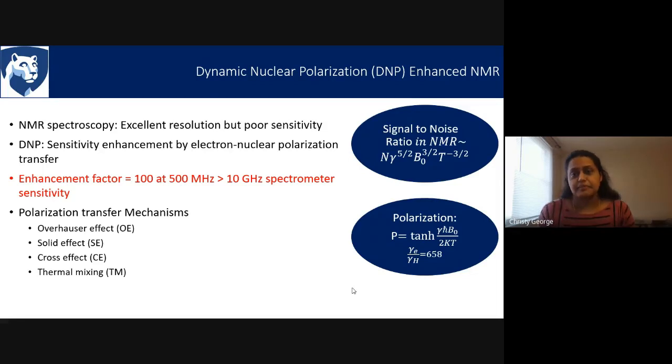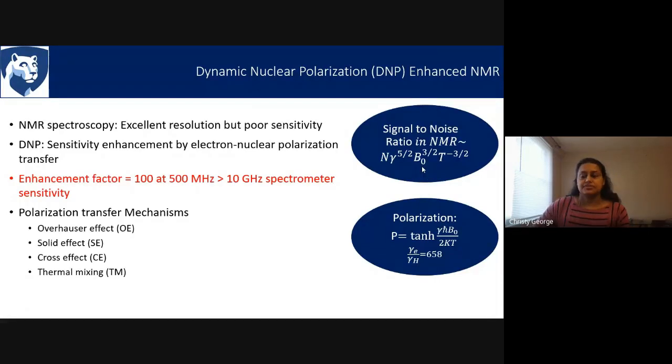The sensitivity of NMR is often represented in signal to noise ratio and is proportional to a number of factors, including the magnetogyric ratio, which is an inherent property of the nuclei and we don't have much to do, and the magnetic field strength, temperature, etc. Over the years, there were many attempts to improve the sensitivity of basic NMR spectroscopy, mainly by developing new and better instrumentation, going to higher and higher field.